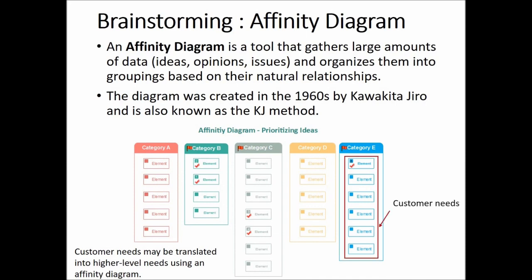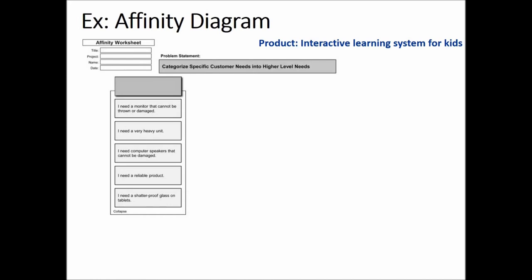So the customer needs are the elements, and we put certain customer needs together and create high-level needs for different categories. For example, this particular product is an interactive learning system for kids.